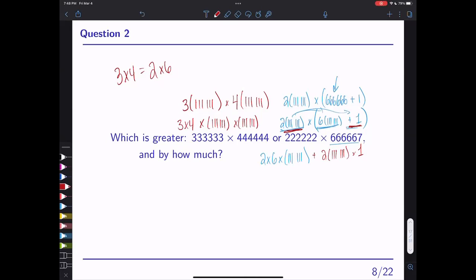And now we notice this and this are equal. But I've got this guy, 2 times 1, 1, 1, 1, 1, 1 times 1. That is exactly how much greater this number is than this. And that equals 2, 2, 2, 2, 2, 2.